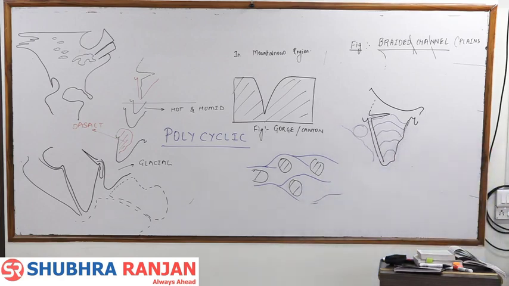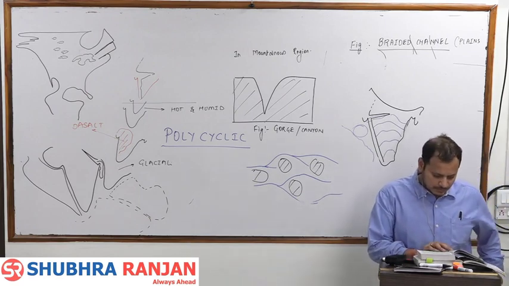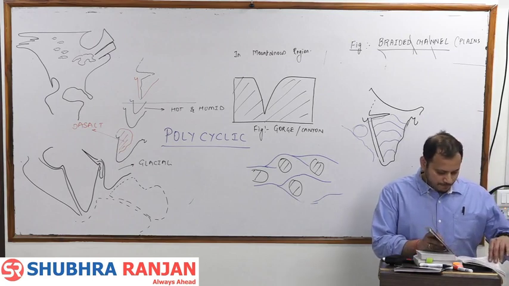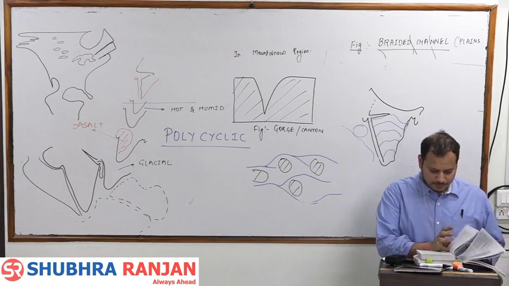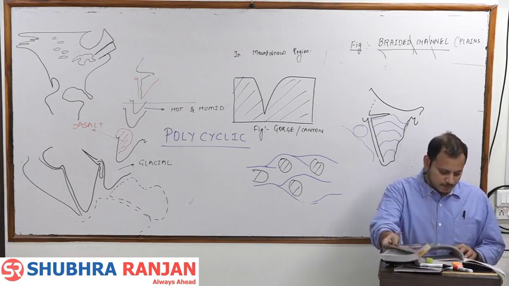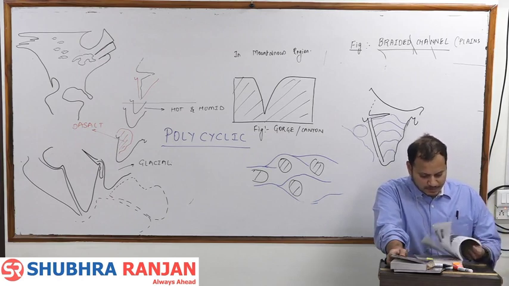Most of the topography of the earth has been produced due to numerous cycles of erosion.